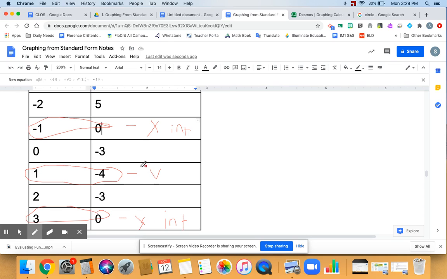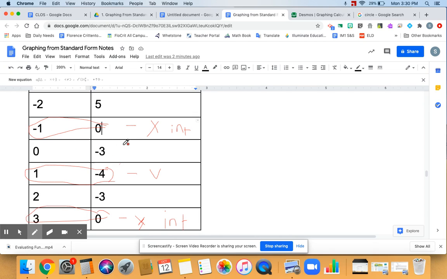And look specifically how the x-intercepts are the same distance away from the vertex. Like this one's 2 boxes away going up, and this one's 2 boxes away going down. So because it's symmetric, the x-intercepts are always going to be the same number of boxes away from the vertex, or the same number of points away from it.